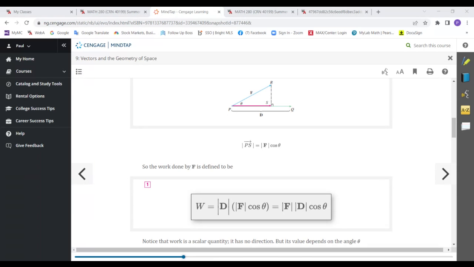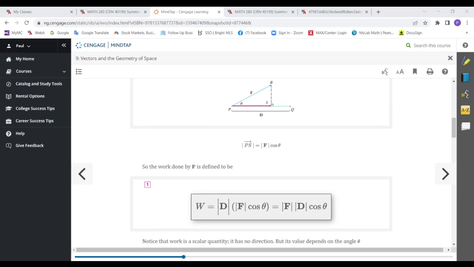If you were to have that object go from point P to point Q, which is the entire distance in the direction of the d vector, the work by Formula 1 would equal, work is force times distance always.